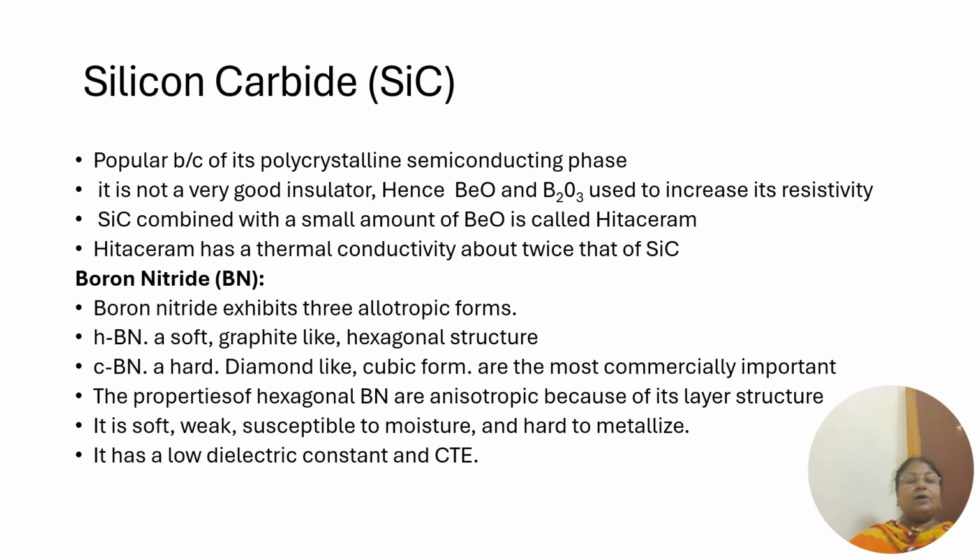And silicon carbide with a small amount of beryllium oxide, which we call HITA ceramic, is a very unique distinction which we can make. HITA is used in a lot of applications. It's an advanced material also, and it has a thermal conductivity which is twice that of silicon carbide.